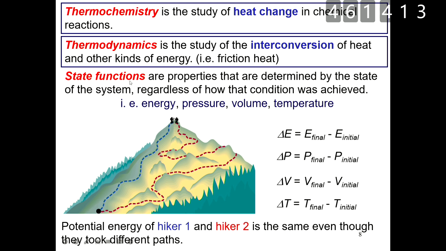For example, these two guys, they go from this point to here. So the energy difference from here to here is certain, right? It's certain. So energy is a state function.